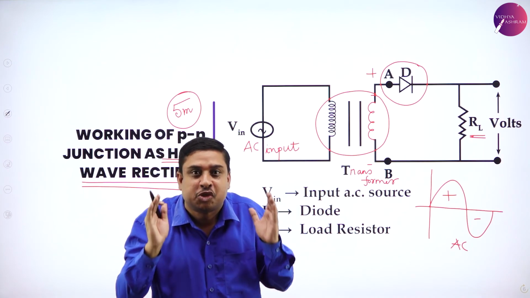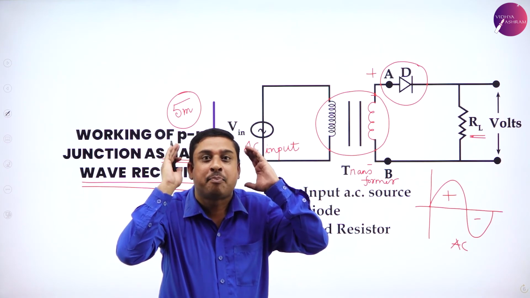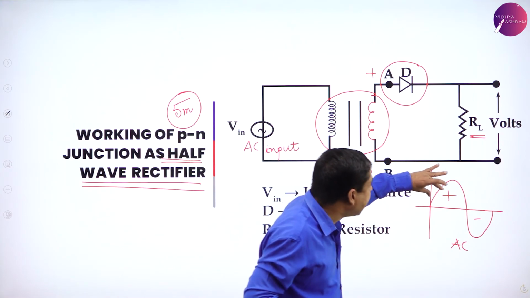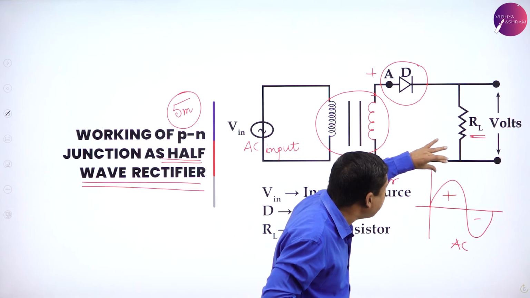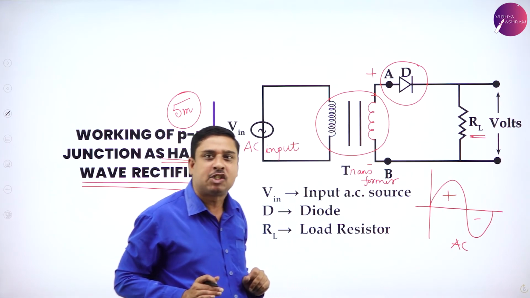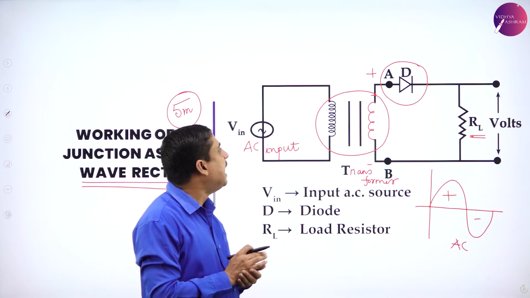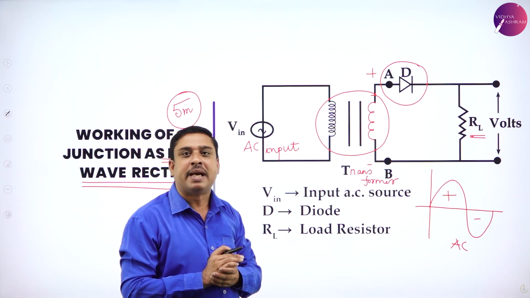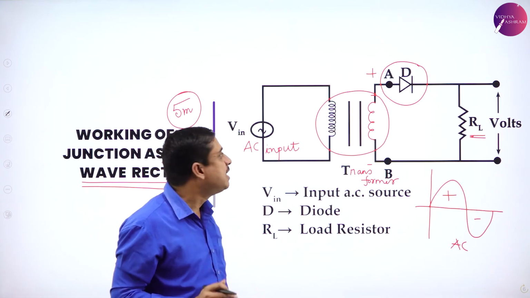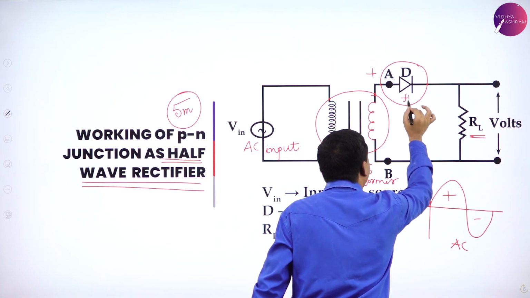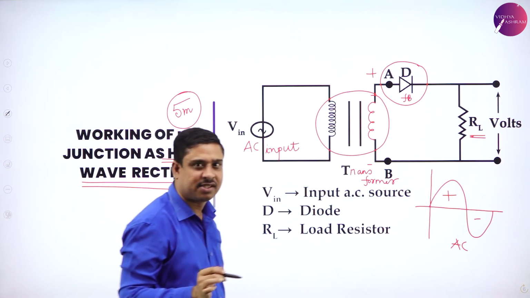Remember, it is during the positive half cycle. Only when this positive half cycle is reaching the transformer, end A becomes positive and end B becomes negative, which means now the diode is forward biased.